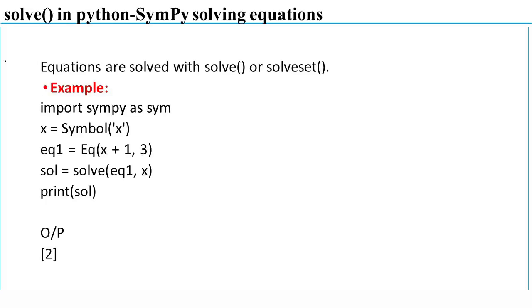Now, Python SymPy solving equations. Equations are solved with solveset. When you go for equation solving, we have the function Eq of x plus 1 comma 3 which we have to solve. When you solve this, you get the result.